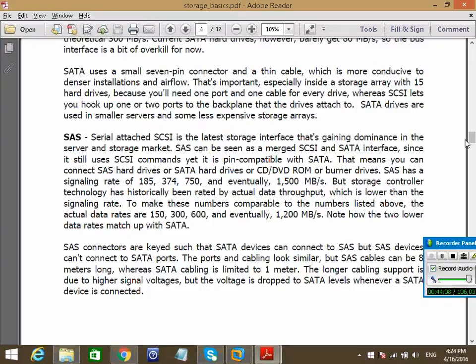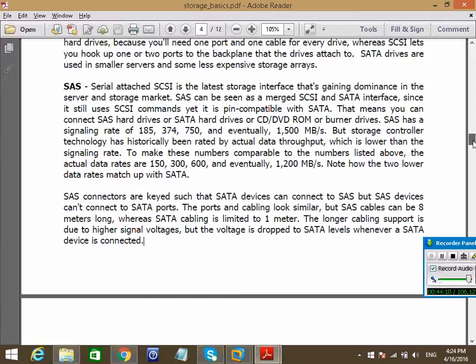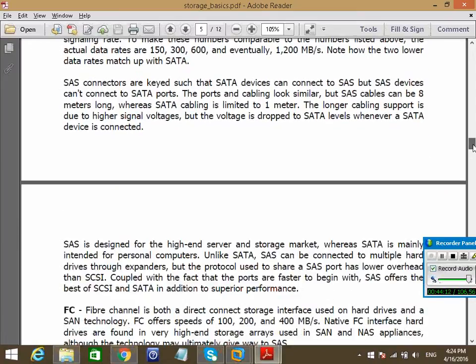But this is very good actually. SAS connectors are keyed such that SATA devices can connect to SAS ports and SAS devices can connect to SATA ports. The port and cabling look similar, but SAS cables can be 8 meters long, whereas SATA cabling is limited to 1 meter.